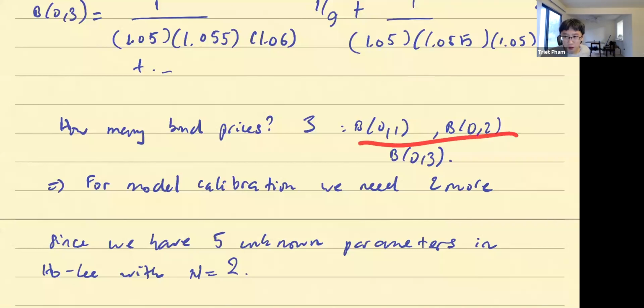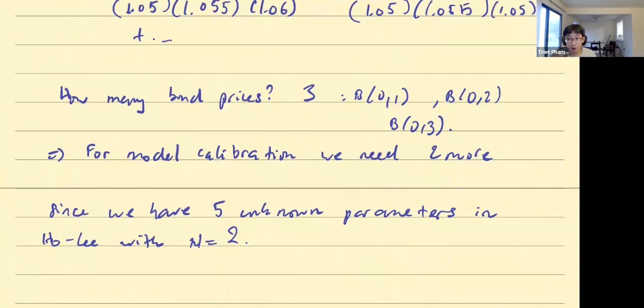But don't worry, right? You also get a lot of product to begin with anyway. So usually there are way more products in the market than you can fit. But one feature of the interest rate model is it tends to give you more degree of freedom to fit the product, right? So for example, here one thing you can say is your model will price the bond price perfectly if you choose the calibration for your interest rate, right?